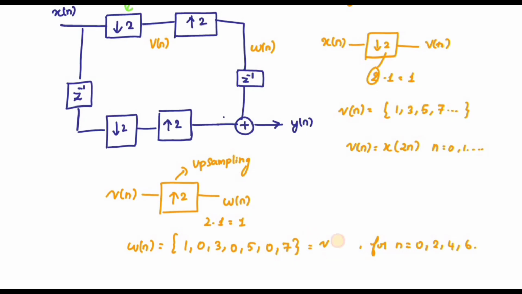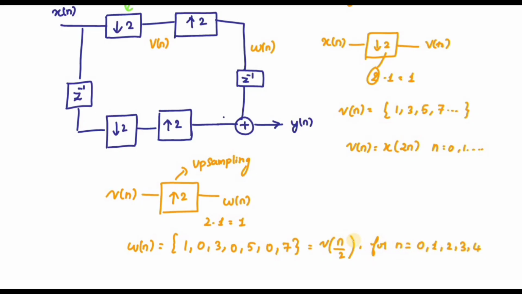That is, v of n divided by 2, for n equal to 0, 1, 2, 3, 4.